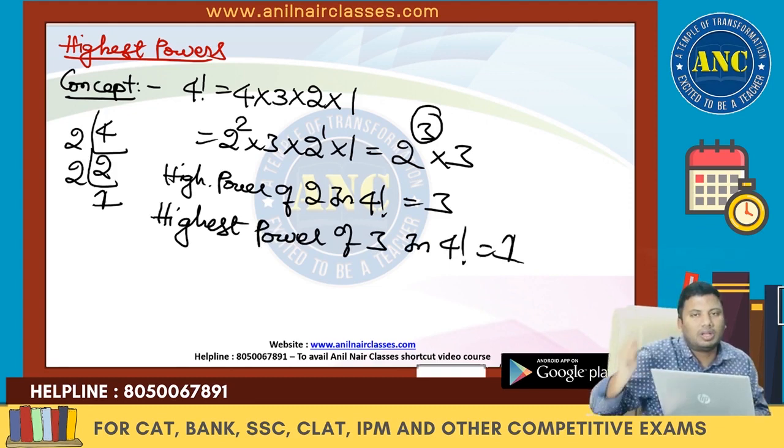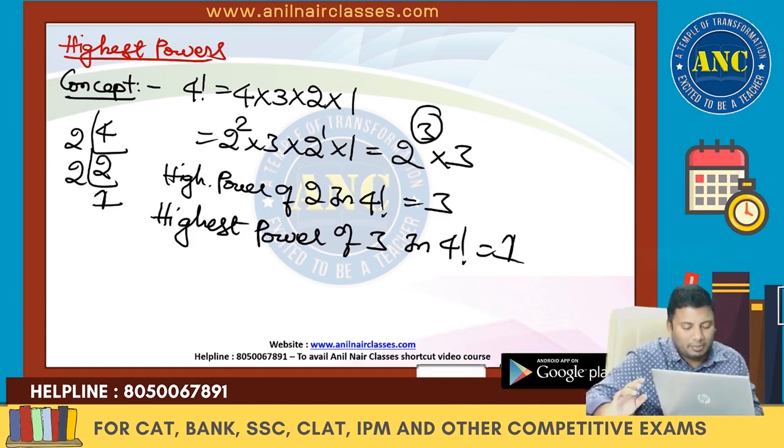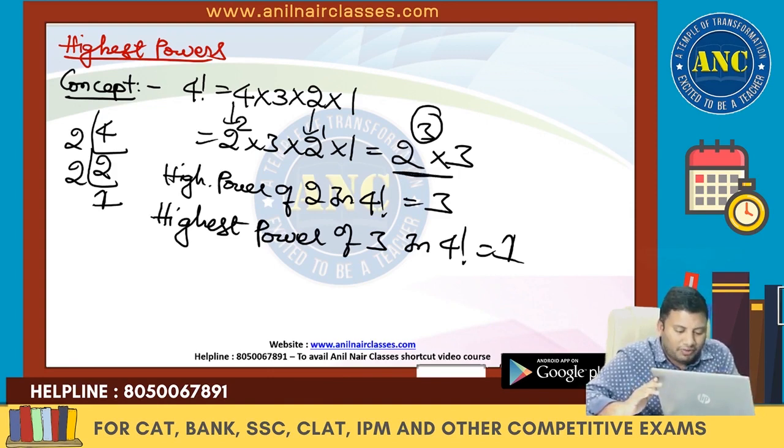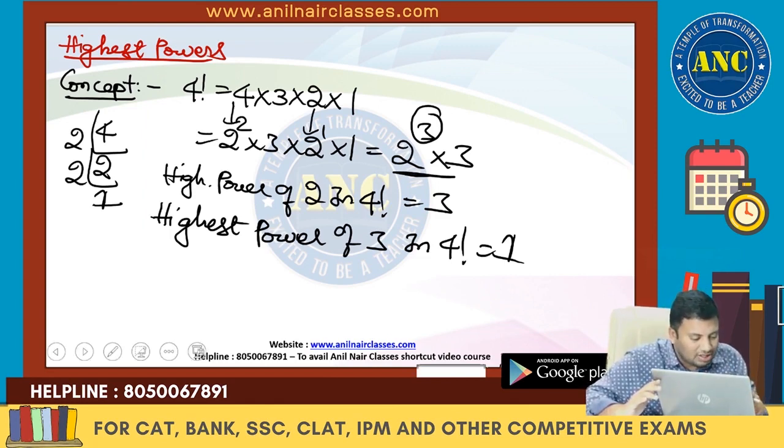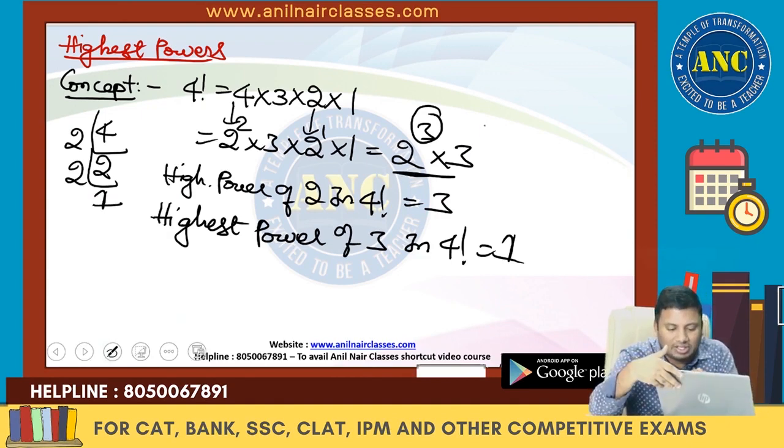Write down all the prime numbers from 1 to 4, and divide successively. 4 factorial is 4 into 3 into 2 into 1. 4 is 2 square, and the other is 2 power 1. So 4 factorial is 2 cube into 3. Highest power of 2 in 4 factorial is 3. Highest power of 3 in 4 factorial is 3 power 1.